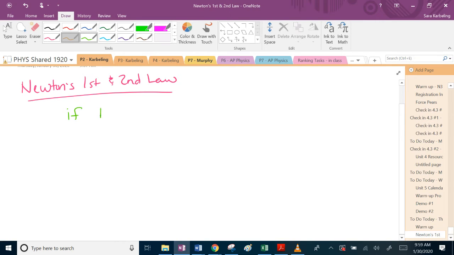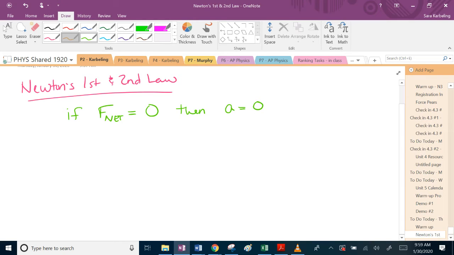If the net force acting on an object in a particular direction is equal to 0, what do you know for sure about that object and its motion? What'd you say? It's not accelerating. The acceleration in that direction is also 0.